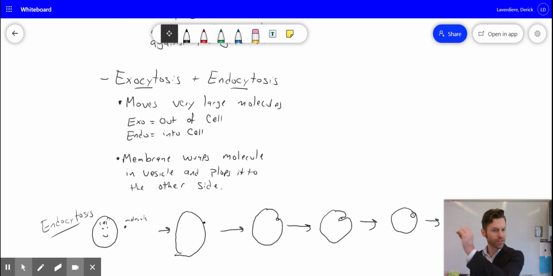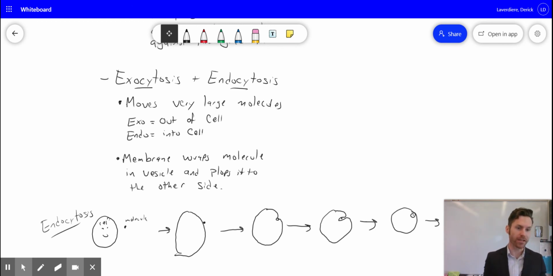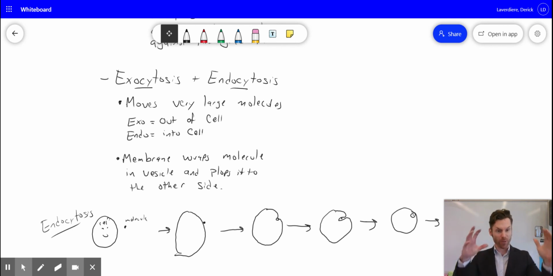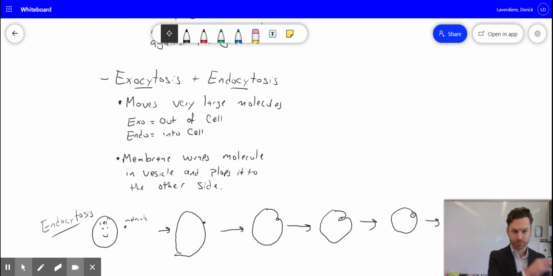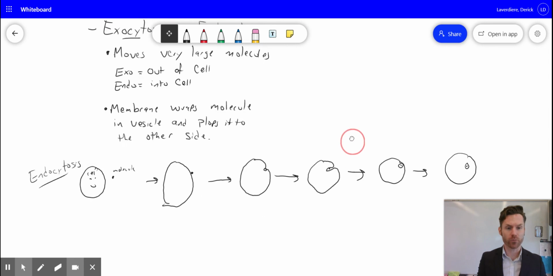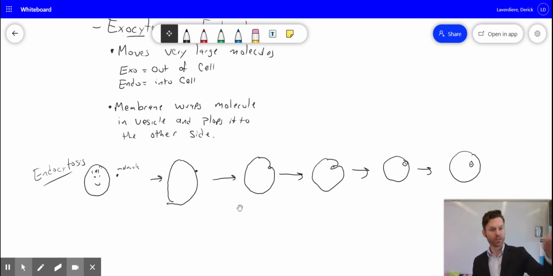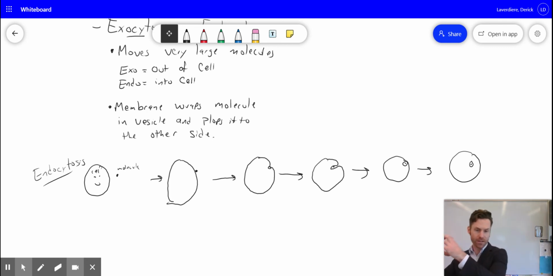If it's endocytosis, it's moving that large molecule into the cell. They both work by the cell membrane wrapping up the molecule and then plopping it to the opposite side. The cell membrane will actually extend out around the molecule, surround it in a bubble of membrane, and then pass it to the other side.